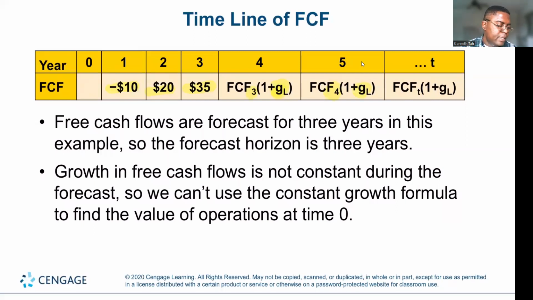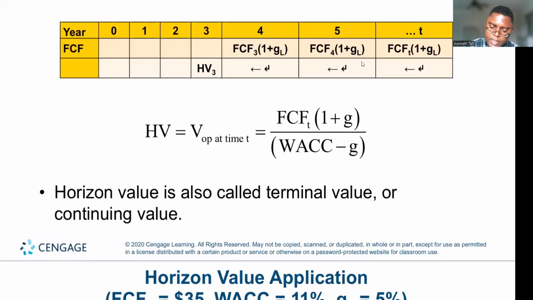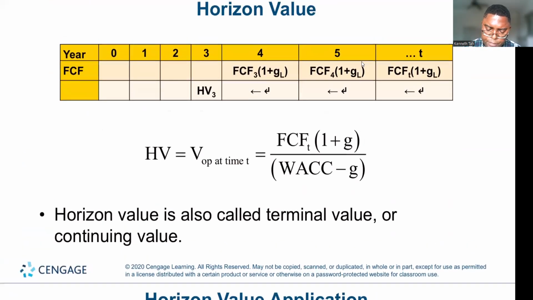All right, so we're interested in calculating this free cash flow. So what we are going to do is calculate the free cash flow for the period for which the growth is non-constant. We are going to calculate that one at a time. We calculate the present value of those non-constant free cash flows and add them up.